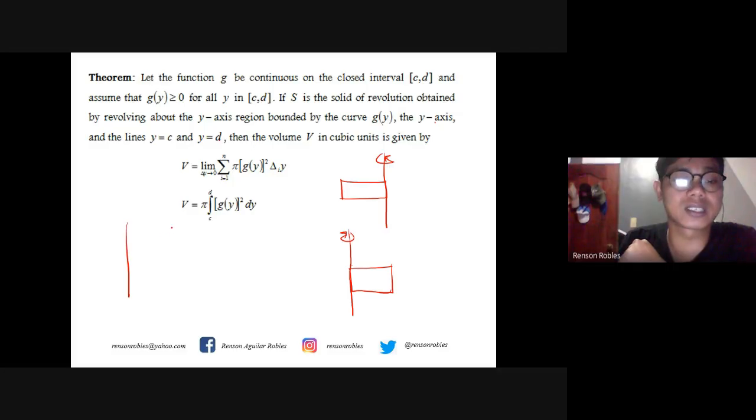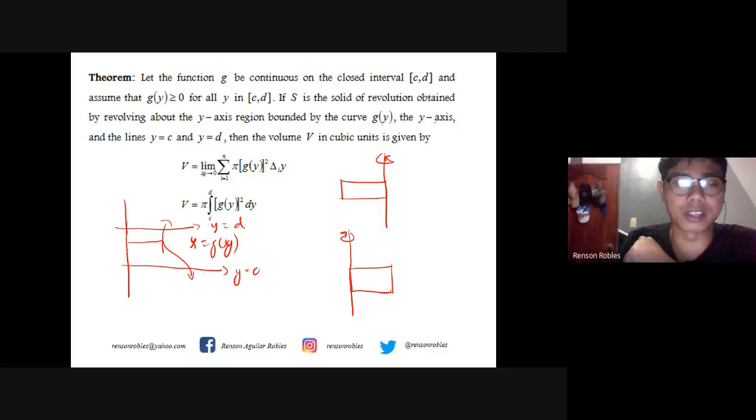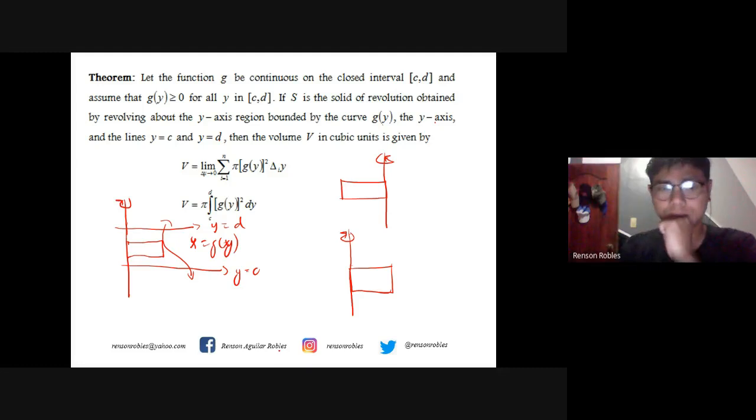That's the y-axis. This is the function x equals g of y. And then the two lines: this is the line y equals c, y equals d, and this is the region we are referring to. So you draw an element perpendicular to the axis of revolution. This is the axis of revolution.